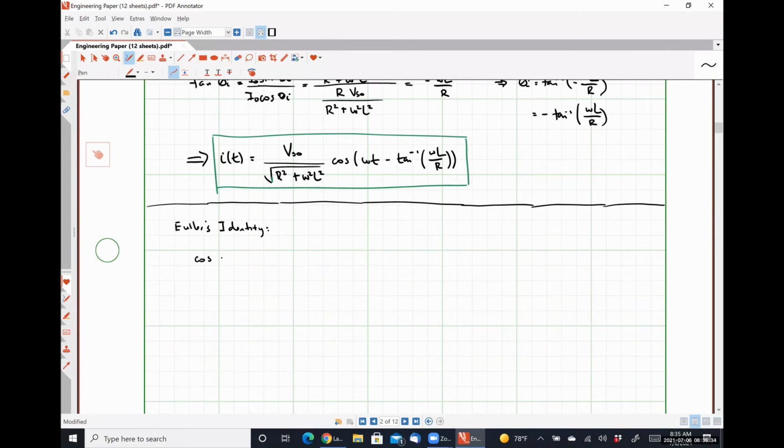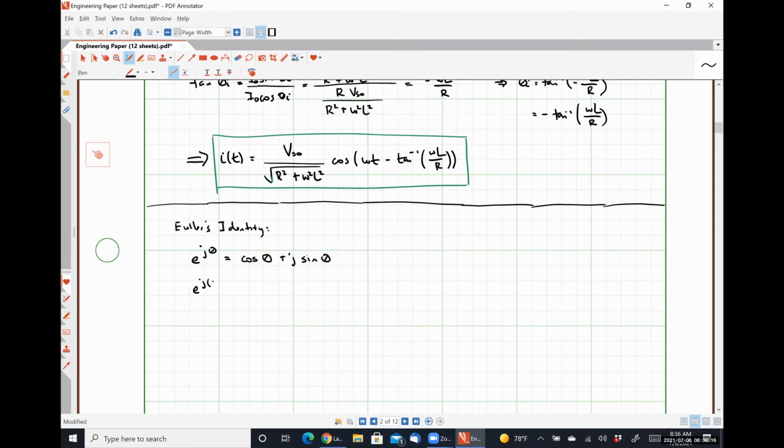Actually, let me write it the other way around. e to the j theta, where theta here is just a generic angle, is equal to cosine theta plus j sine theta.